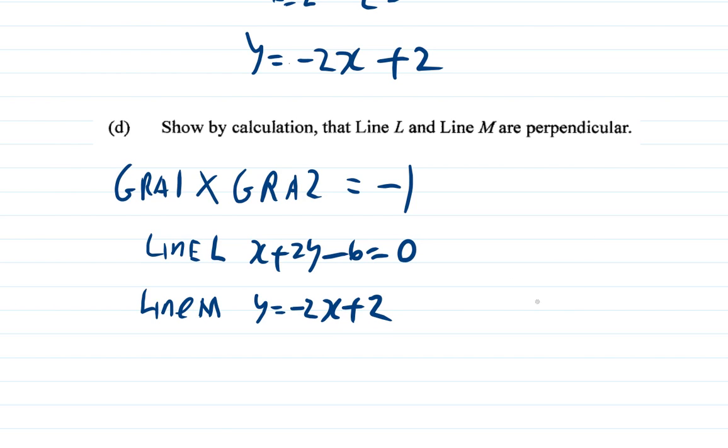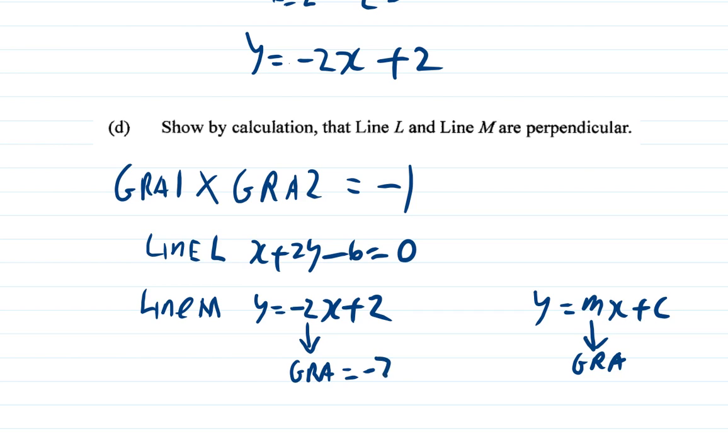You can see here in y equals mx plus c, m is the gradient. Now, clearly, the gradient for line M is negative 2. But what about line L? Line L is not clearly written in that form. So we can rewrite line L.